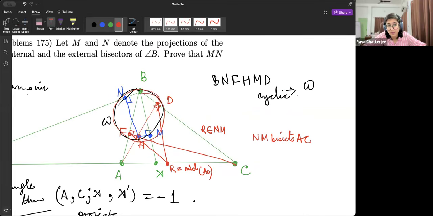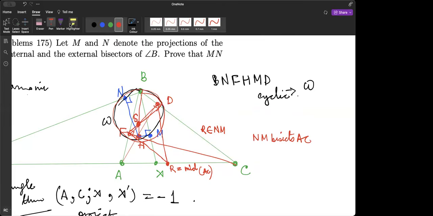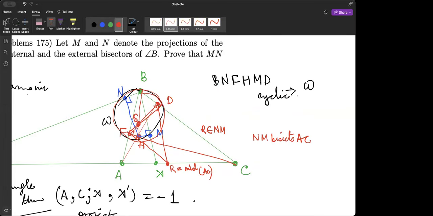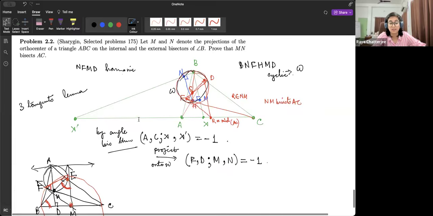So by Brocard, if you take the intersection of BH and FD, and call this point S, then SAC is self-polar, right? So S is the pole of AC. Okay, all right, I get what you're trying to say.